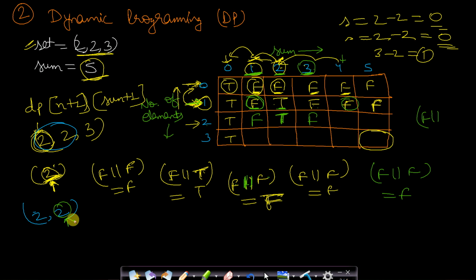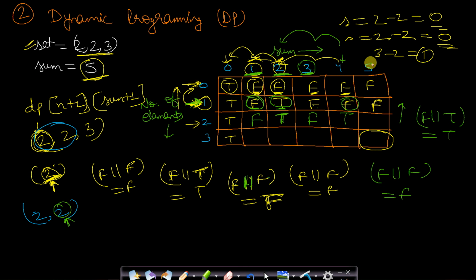If we include the second element whose value is equal to 2, we will just hop back by 2 jumps, and we will move up a single row because we have already included the second element. Now we want to find whether we can find this sum 2 by including the first element, and it is saying that yes, we can find a sum 2 by including the first element. Therefore it will be equal to true. False or true will be true, so this will be true.